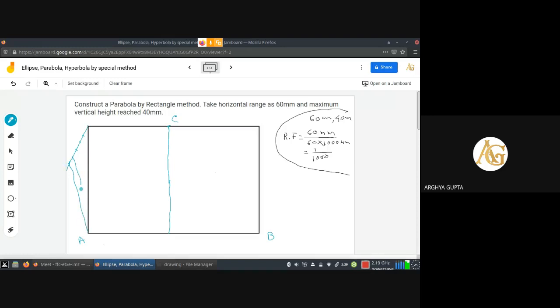We have known how to draw parallel lines, so I'm not repeating the process. So that line has been divided into 5 equal parts. Let us say there is 1, 2, that point, 3, and 4. Now this half portion of the AB has to be divided into the same number of equal parts, that is 5.